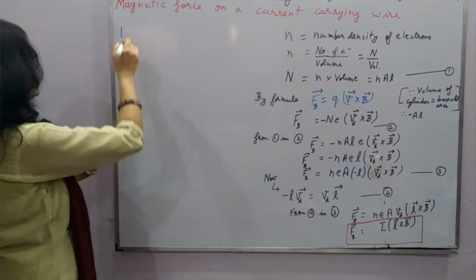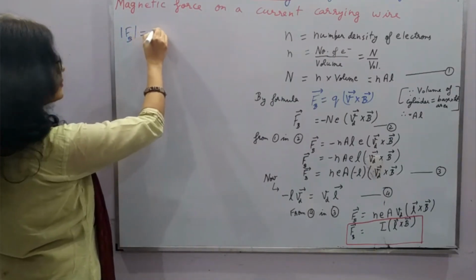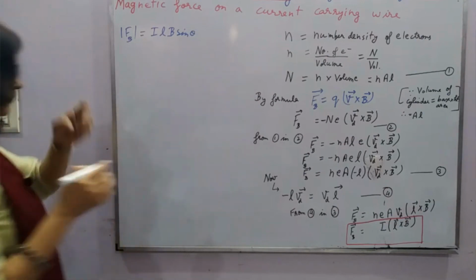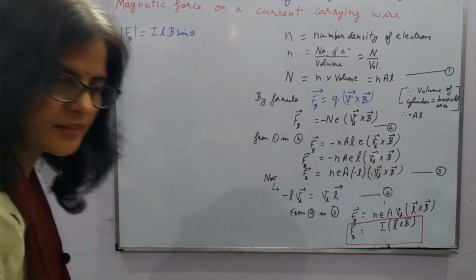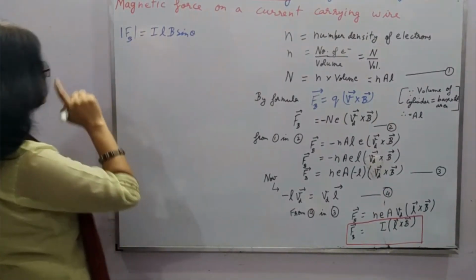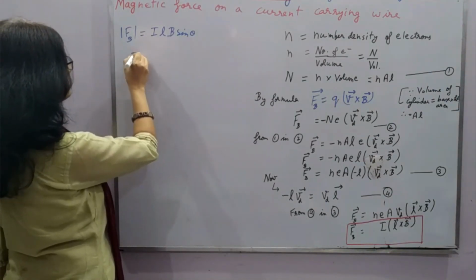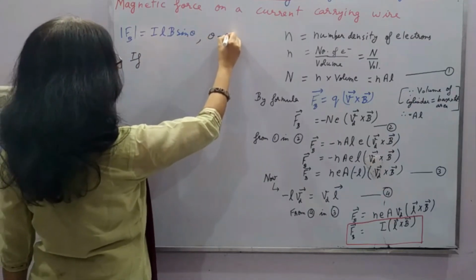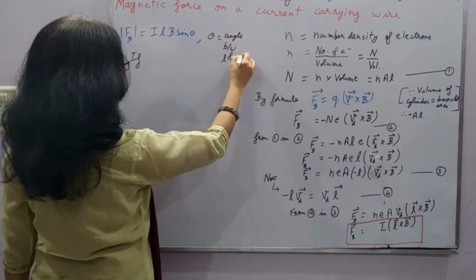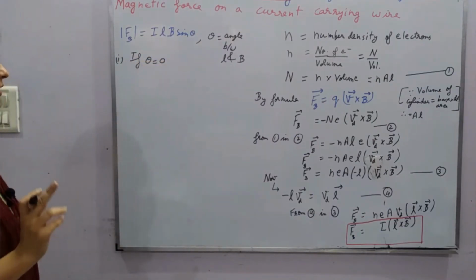if I want to write the magnitude of the magnetic force on a current carrying wire, this will be I L B sin theta, where theta is the angle between L and the magnetic field. So if theta is 0, this is very important for numericals.